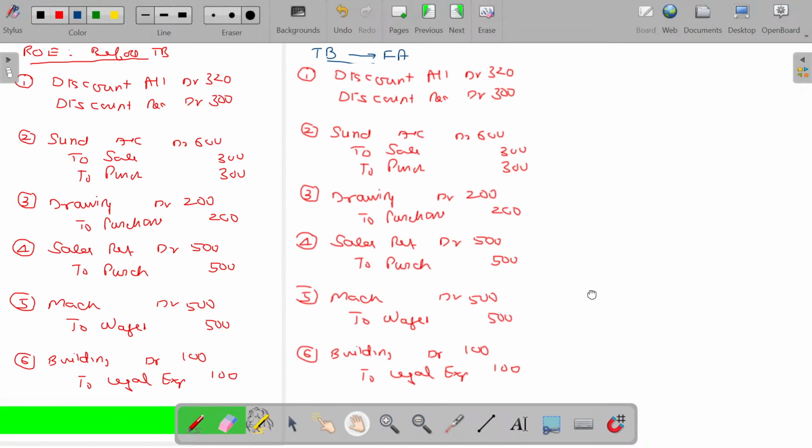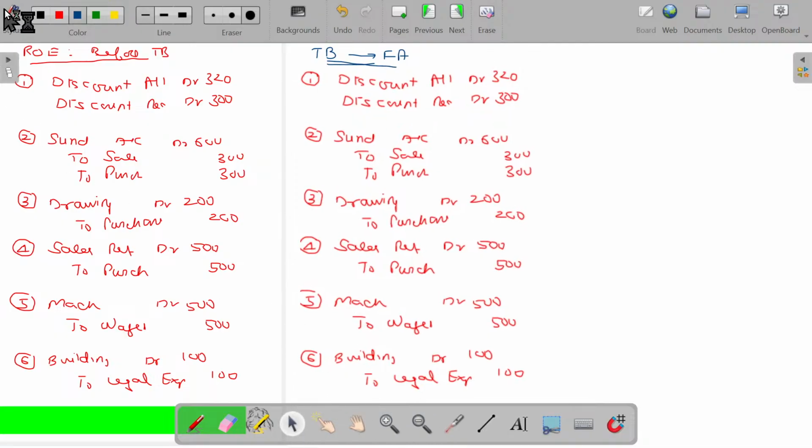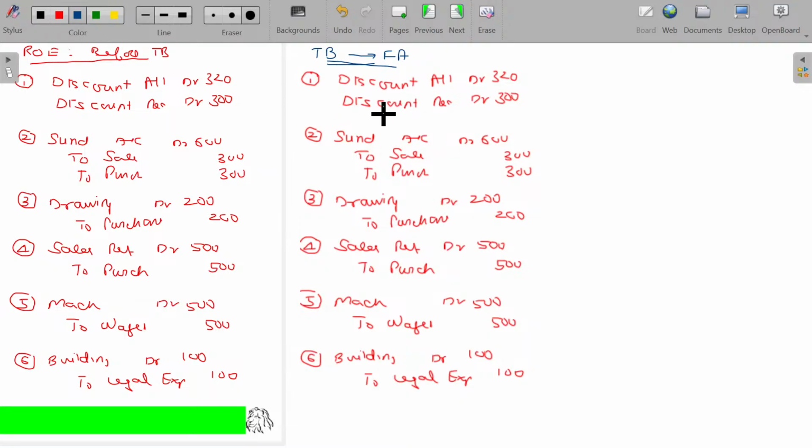So the change is happening to the suspense account, 620. Second entry, no problem. Third entry, no problem. Fourth entry, no problem. Fifth entry, no problem. Sixth entry also same.